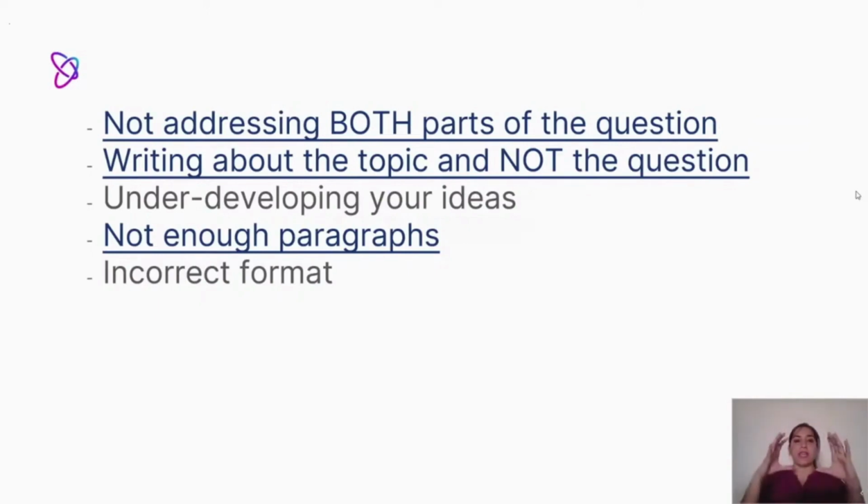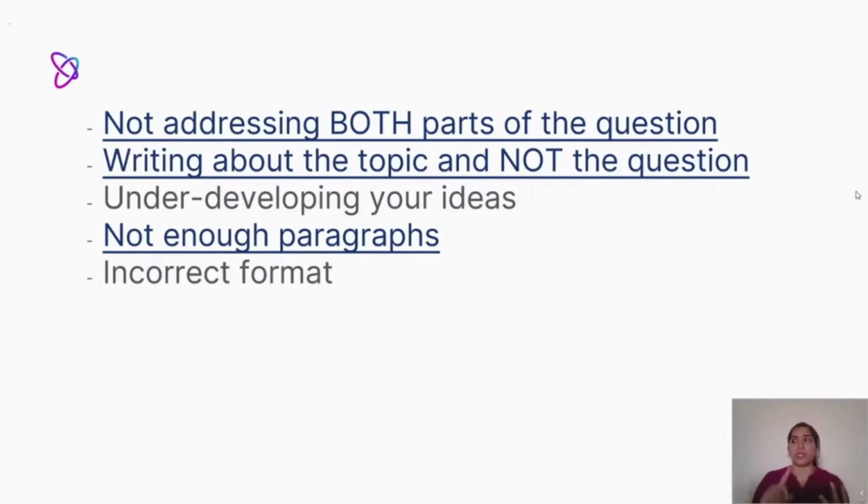We might have the proper essay structure in our first and second paragraph, a proper solid paragraph with ideas, and paragraph 3 with another idea. And we might find that for paragraph 4, the last part of our idea, we're running out of time. So we're just going to bullet point. That's where we'll get docked down again for having incorrect format.